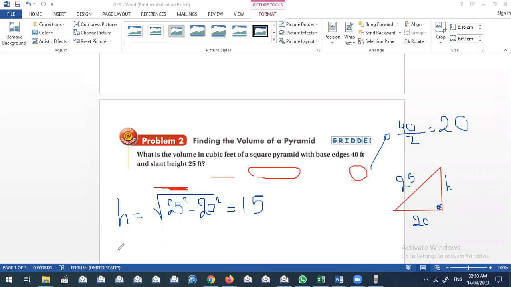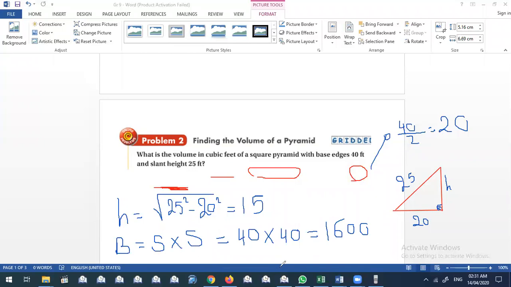Let's find the base area, which is side by side because its base is square. Side is 40 now. So 40 times 40. 40 by 40 is 1,600. Now we have the base area and also we have the height.